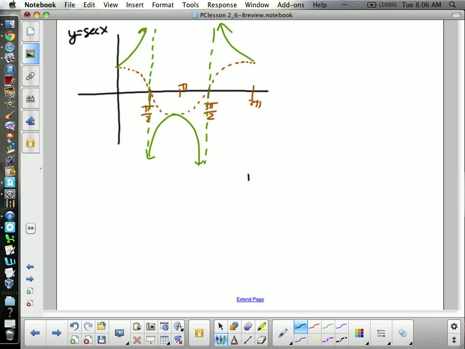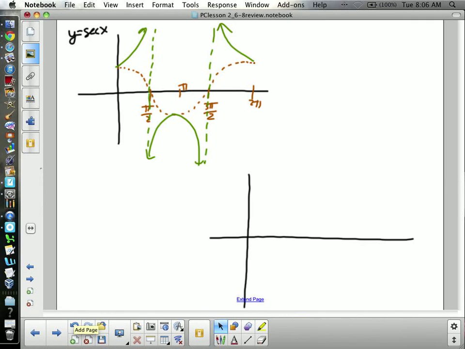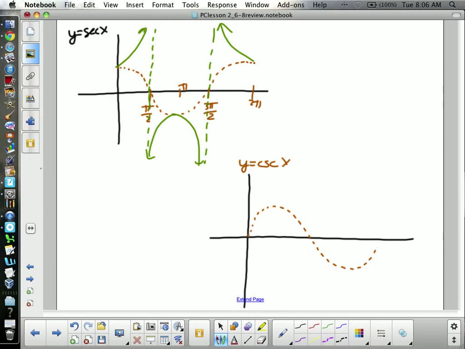Cosecant is similar, except cosecant is the reciprocal of sine. So again, we can start by sketching in my sine function just as a dashed line. Asymptotes where sine is 0, which is 0, pi, and 2 pi.